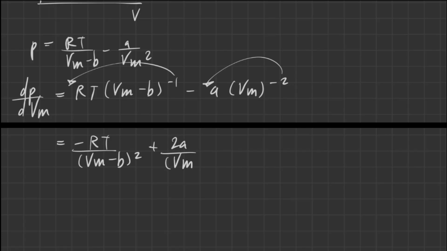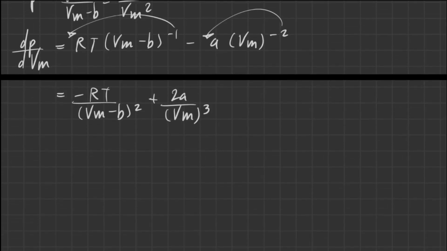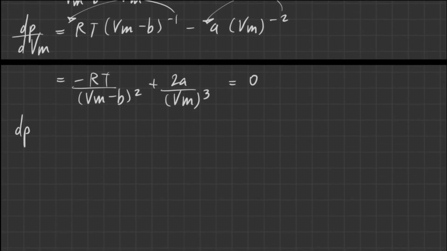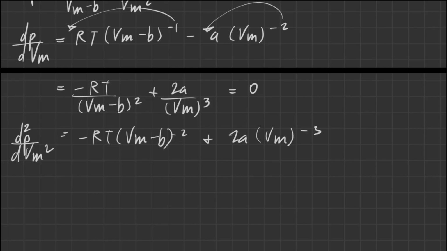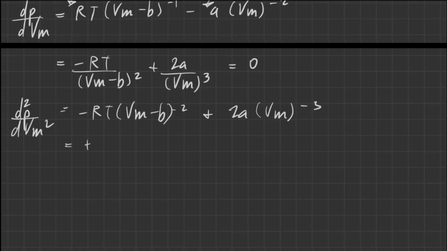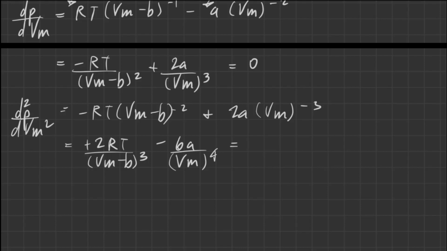Okay, that's the first derivative, and we can set this equal to 0. So the second derivative of the van der Waals equation with respect to the molar volume is equal to the following. Which we can also set to 0.